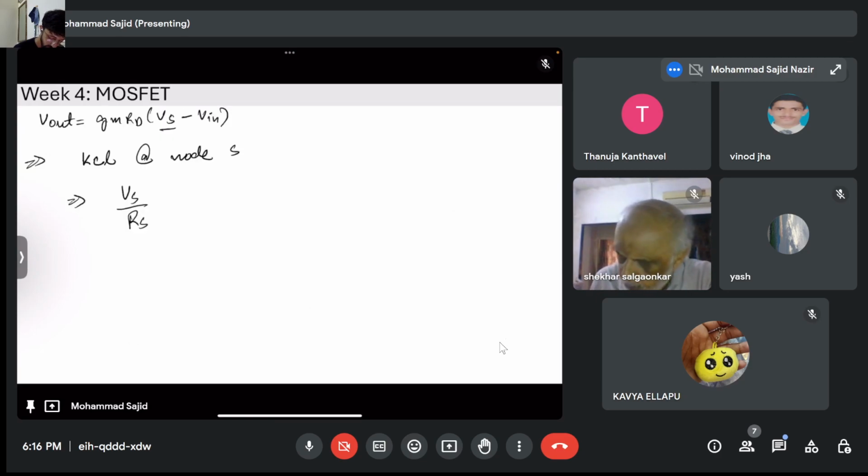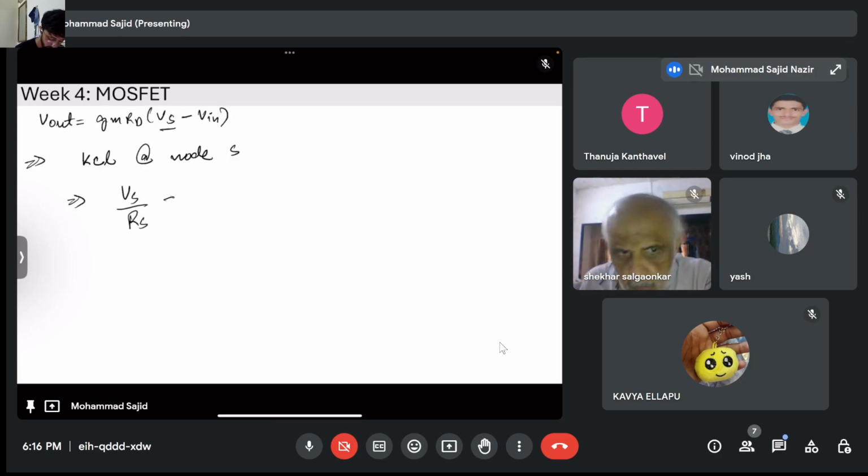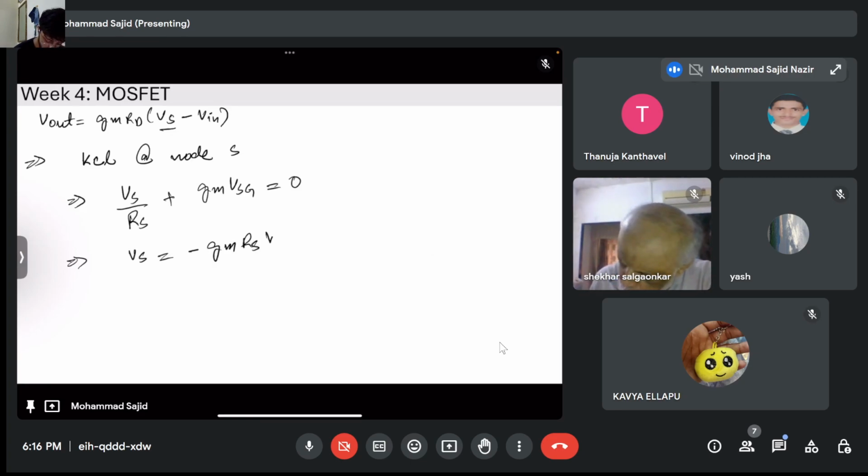And if both currents go away from the node, then this is equivalent to Gm Vsg, equal to 0, right? This is correct, right? So my Vs is equivalent to minus Gm Rs Vsg.